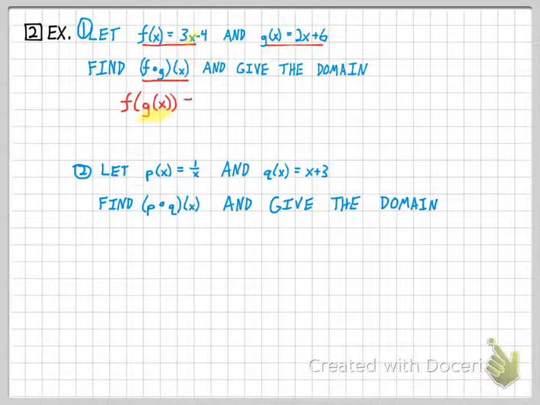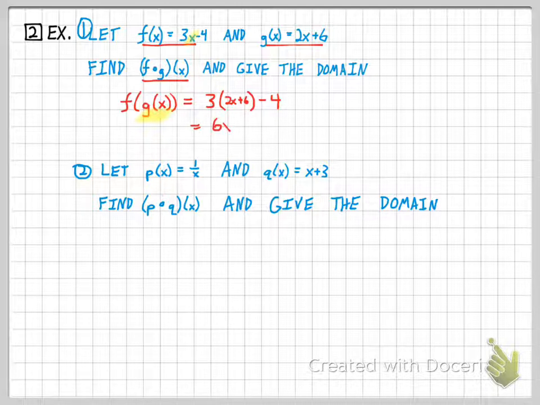So here's what that's going to look like. The f rule says take 3 times something and subtract 4. Again, usually we're doing like f of 2, right? But in this case we're doing f of g, and g is a function, 2x plus 6. That is the g function plugged into the f function.